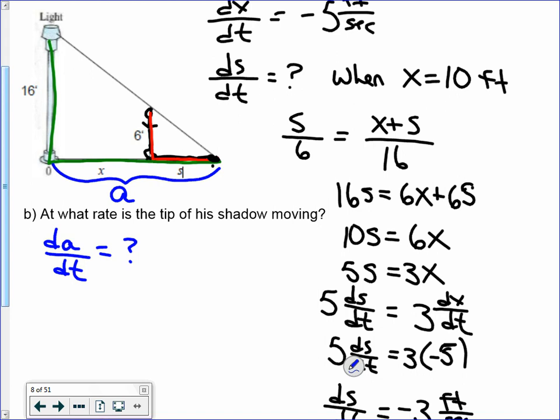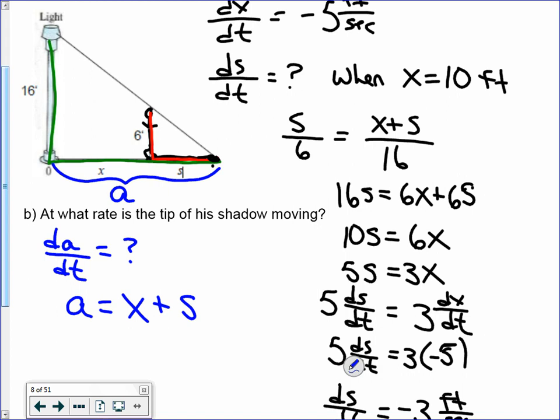Okay, so at that moment, I need an equation with an A in it, so when I take the derivative, I have a dA dt. So, like you said to me a second ago, what does A equal? x plus s, right? Time to differentiate, right? We already know dx dt.